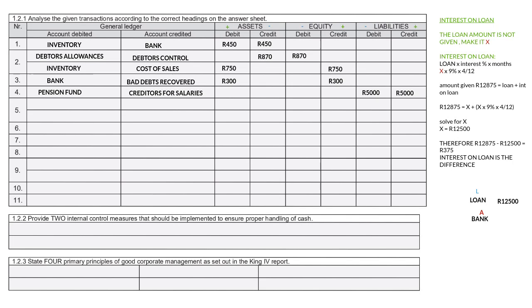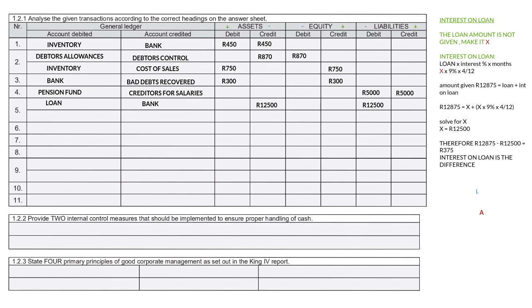So let's go put that into our answer sheet. So the account to be debited is loan. The account to be credited is bank. 12,500 Rand on the credit side of assets, and 12,500 Rand on the debit side of liabilities.